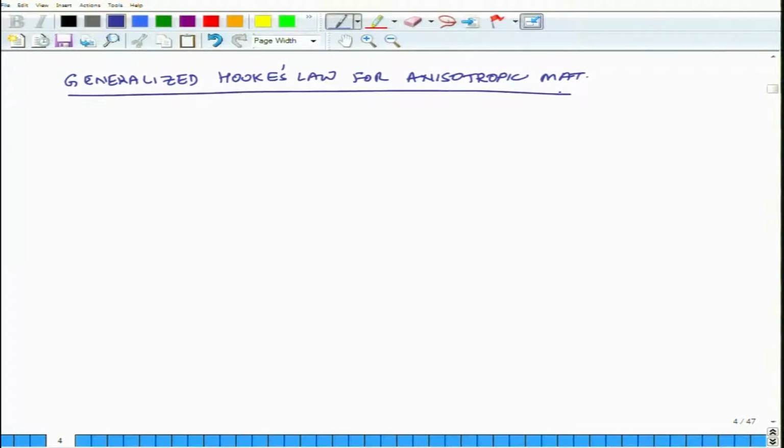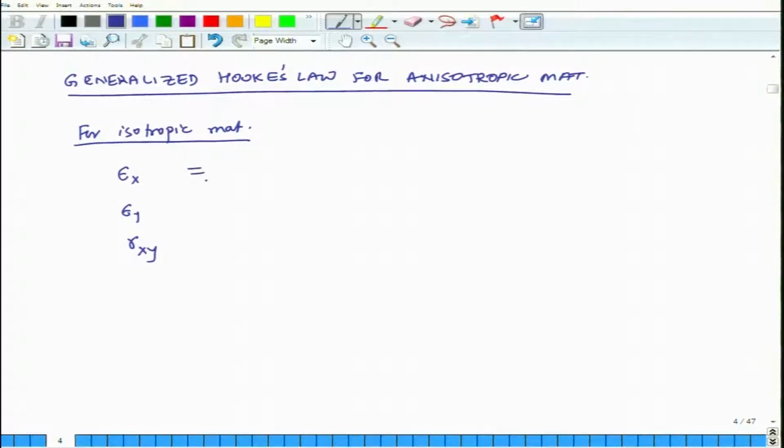That is what we are going to develop, and what we will do is we will first see what kind of stress strain relationships exist for isotropic materials. So, for isotropic materials, what is the, let us say, epsilon x, epsilon y, gamma x y.